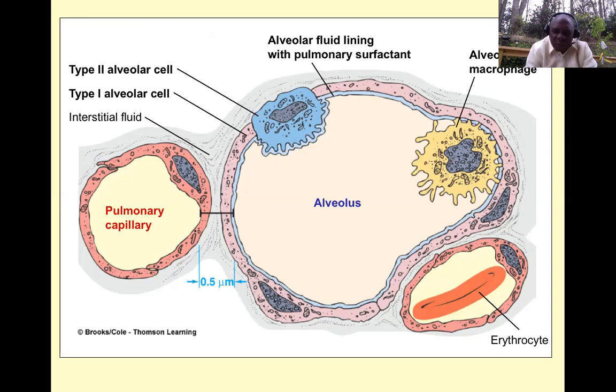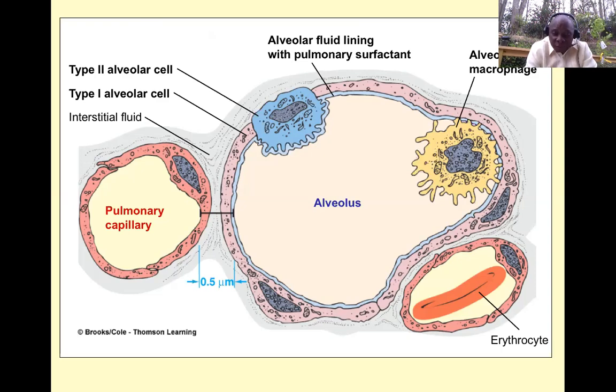And you'd say, no, I'm old enough to do it. And you'd try to blow it and you'd fail. So blowing an empty balloon is like breathing without surfactant. It's very hard. Thanks to the surfactant, our breathing is effortless.